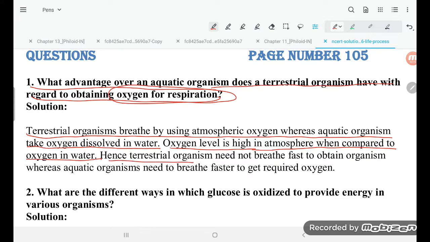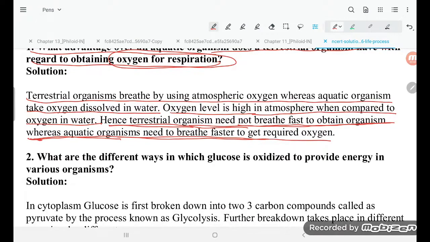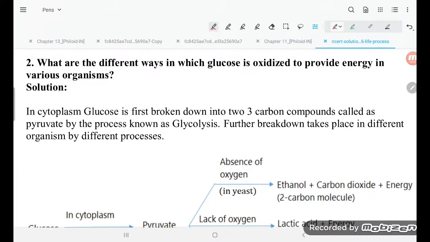Hence, terrestrial organisms need not breathe fast to obtain oxygen, whereas aquatic organisms need to breathe faster to get the required oxygen. So terrestrial organisms need not breathe fast, but aquatic organisms breathe very fast because the oxygen is dissolved.